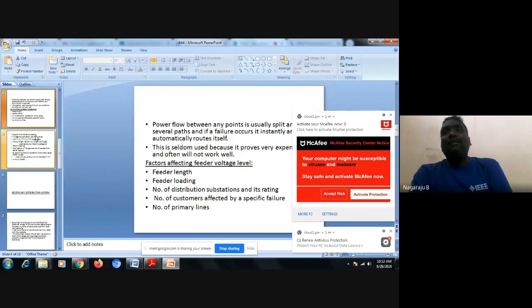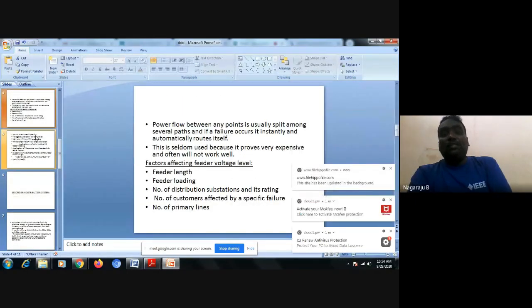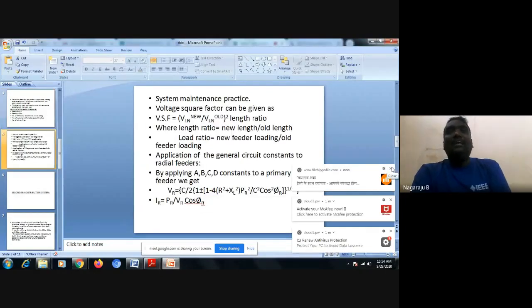Depending on that, you can decide the feeder voltage level. The feeder voltage level is also decided by system maintenance. And always remember, feeder voltage is decided by the voltage square factor and voltage levels. What is the voltage square factor?